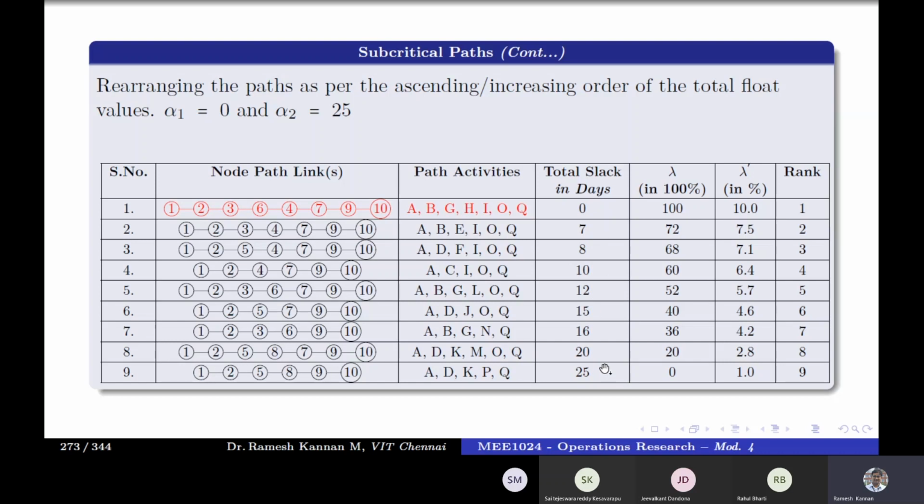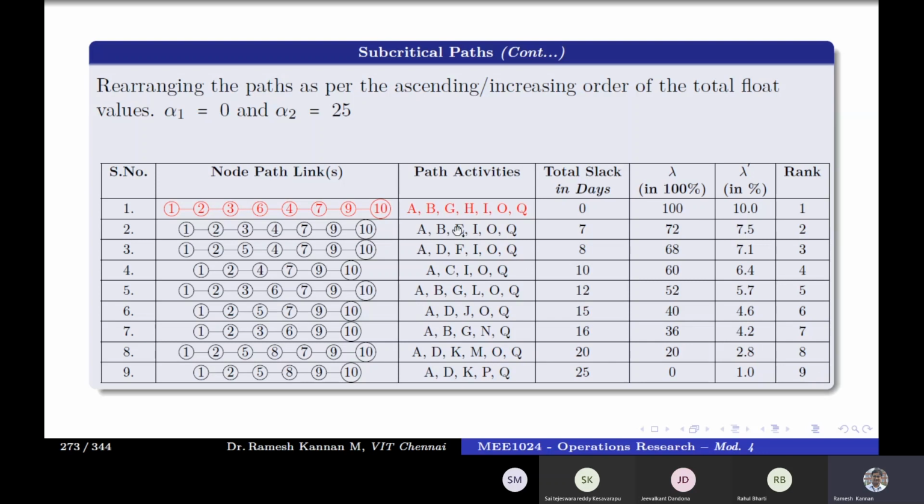This can never become a critical path, because 25 minus 25 is 0, divided by 25 minus 0, is 0 divided by 25 is 0. So in terms of percentage, this will never become a critical path. On the 10-point scale, this ranks 1, and out of this, it is 9, which means it's the last serial number. The total number of paths is 9, and this will be ranked 9 out of the total paths. So this is how you calculate the subcritical path.